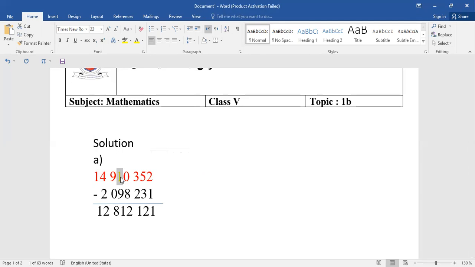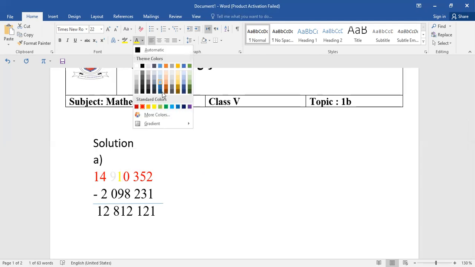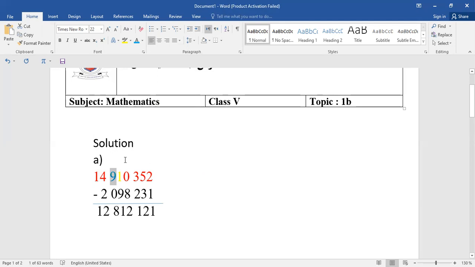Now again, you cannot subtract 9 from 0. So what you're going to do is borrow a number from the previous number, that is 9. So when you borrow from that 9, this 9 will become 8, and the next number, which was 0, will become 10. When you subtract 9 from 10, you will be getting 1, and when you subtract 0 from 8, you will be getting 8.